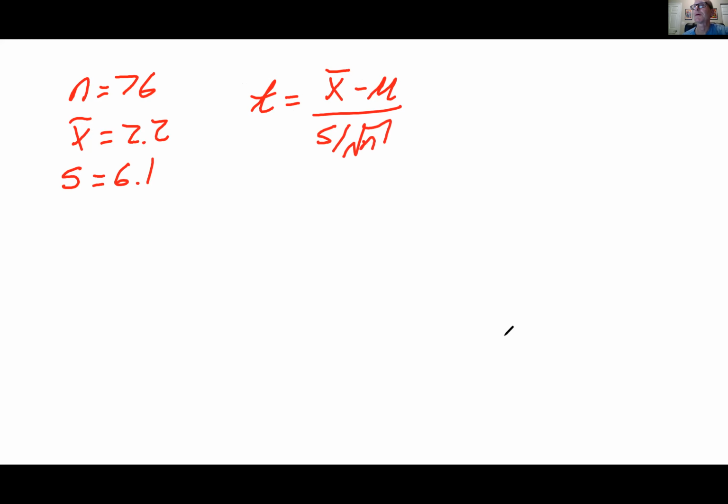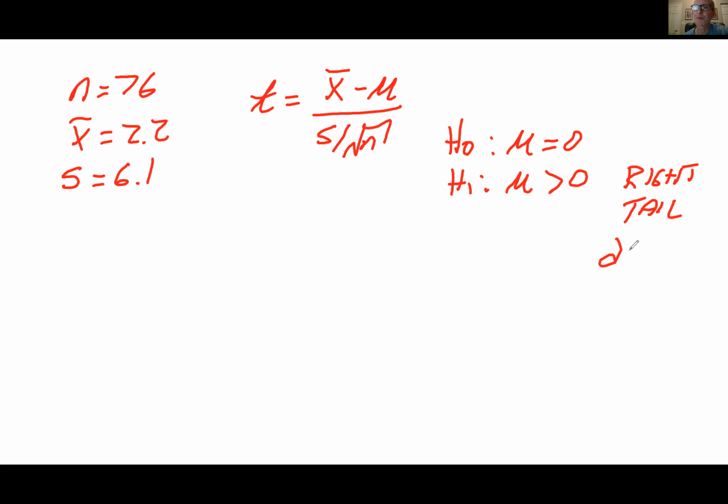When we set this up, for H0 we're assuming no weight loss, and if it works, it'd be greater than 0 weight loss. So this is the right tail. And we're going to set our probability there, and typically you like to set it at 5%. That's the alpha that we set up.